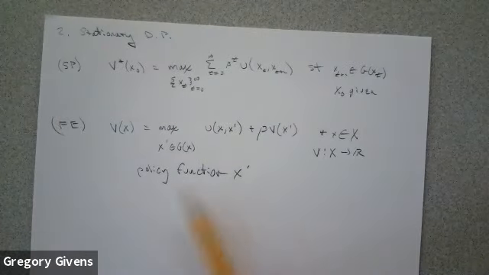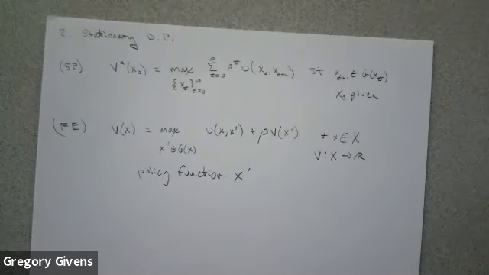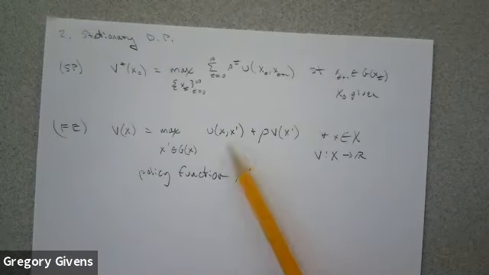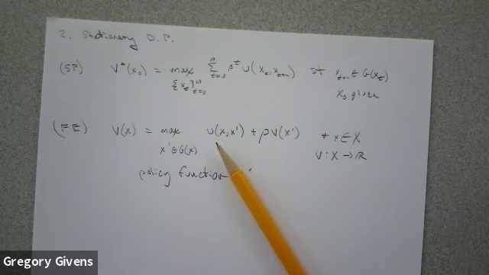Now you might be confused by the absence of time subscripts here in the functional equation. In most cases, the utility function does not depend on time directly. It only depends on time indirectly because of the values of the x's. This suggests that the optimal way in which xt maps into xt plus 1 should not actually depend on the time period.